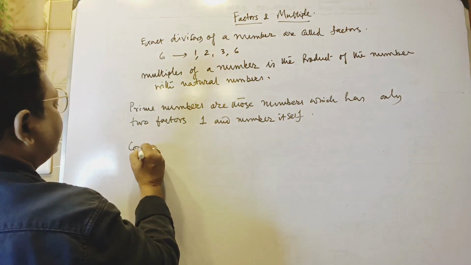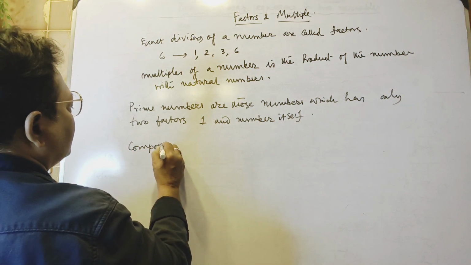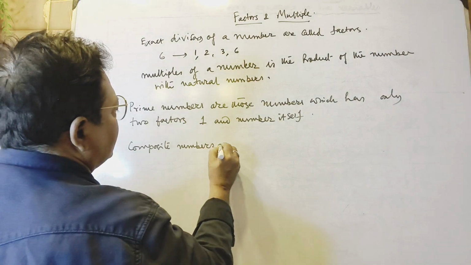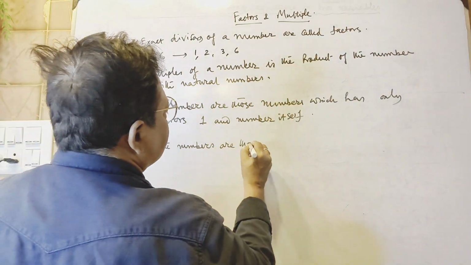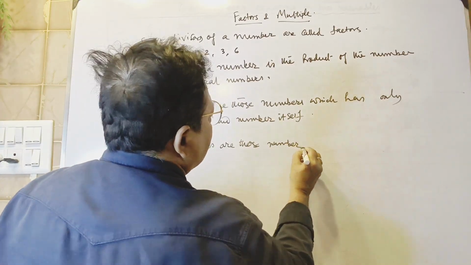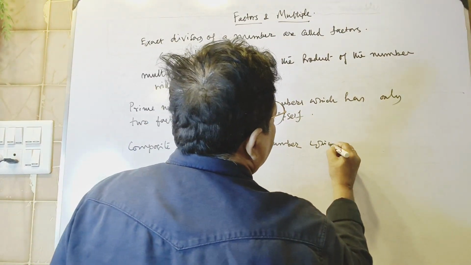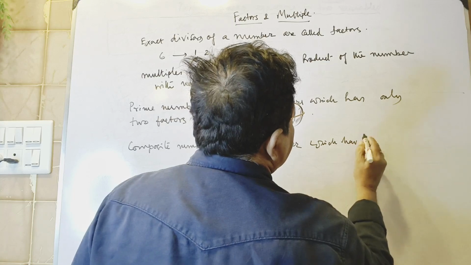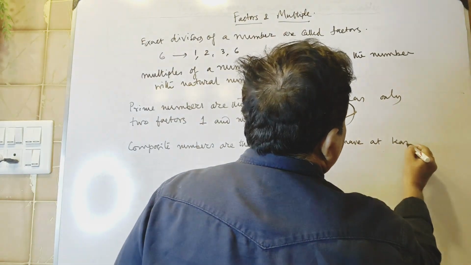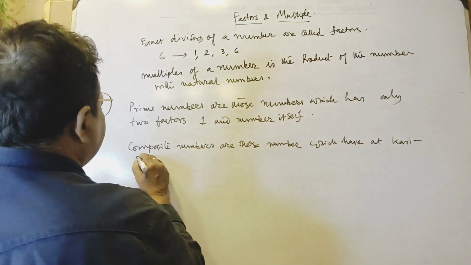And composite numbers are those numbers which have at least two prime factors.